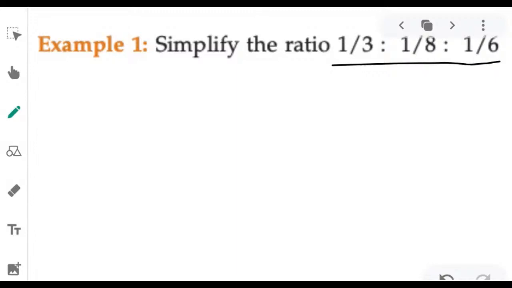Bhavani, what is the LCM for these 3? 24, ma'am. 24. So what should the first one be multiplied by? Mamata?